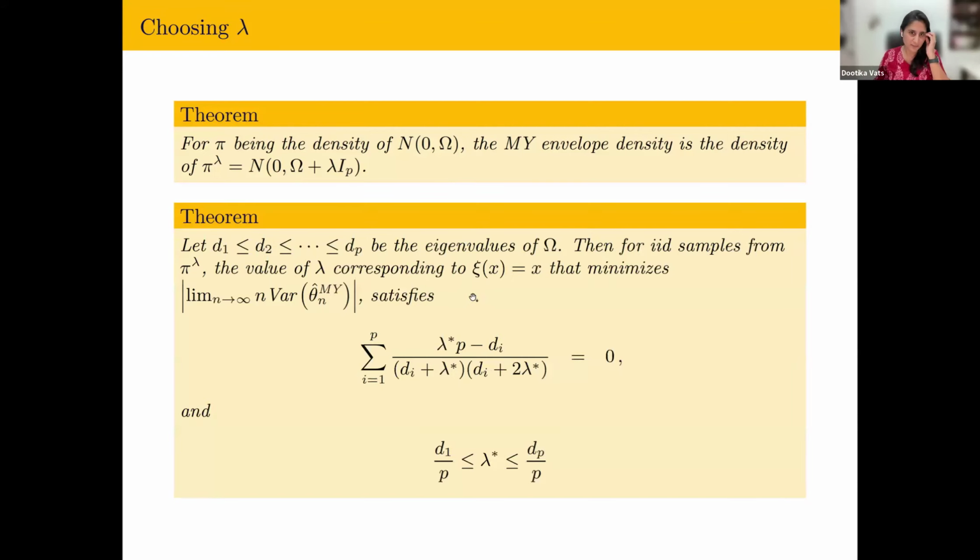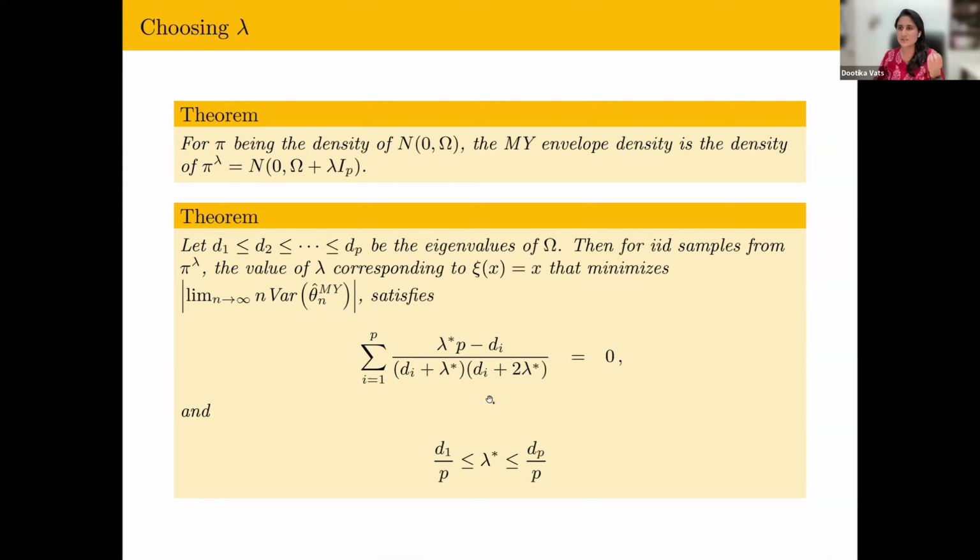And then here's something else that helps us. So if I look at the eigenvalues of omega for this target, so if I order the eigenvalues from D1 up to DP, and if I'm getting IID samples, so this is only for IID samples, and I'm estimating the mean of this distribution, then the lambda that minimizes the asymptotic variance solves this particular equation, which is not very interesting.